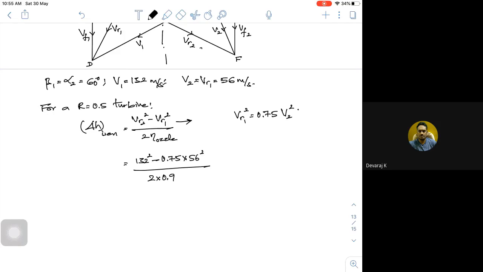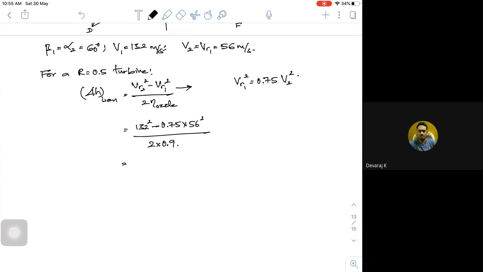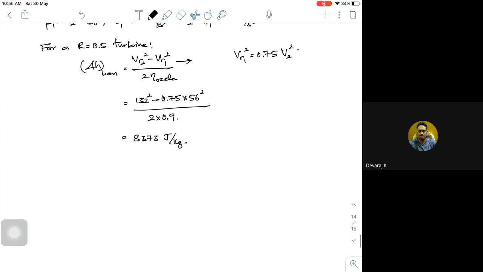If I do that, I'm getting around 8,373 joules per kg, or 8.37 kilojoules per kg.